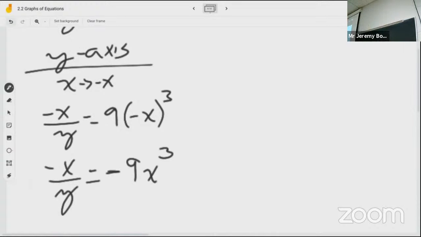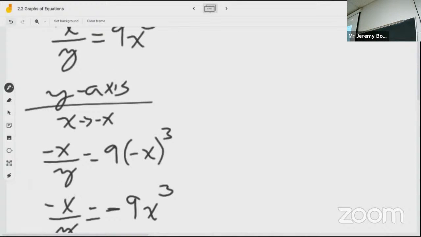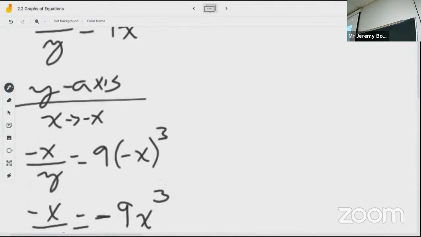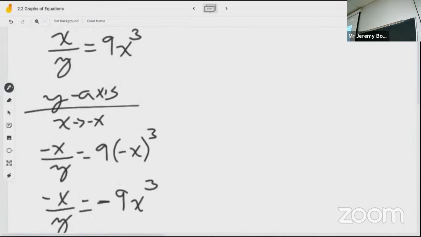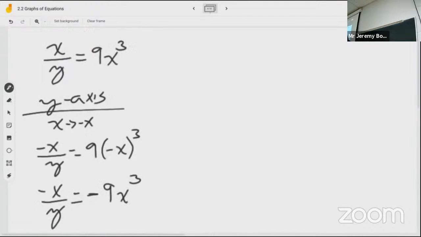Now, does this match my original? Can I zoom out real quick? Oh, it never lets me do that. There's like a shortcut to zoom out, but it never works. There we go. Does this match my original? Not right now. Is there anything I can do to get it there? What's that?